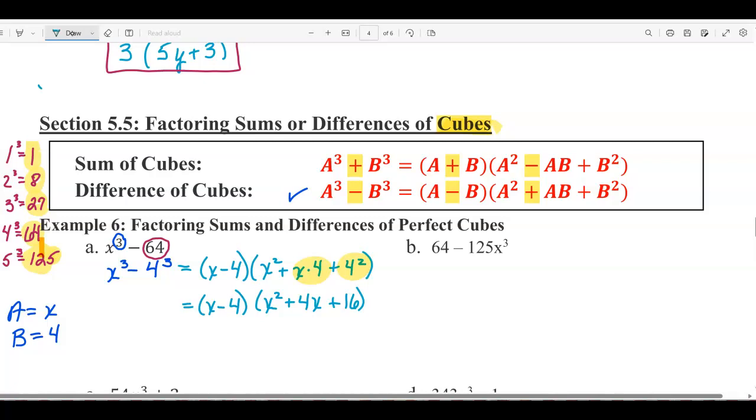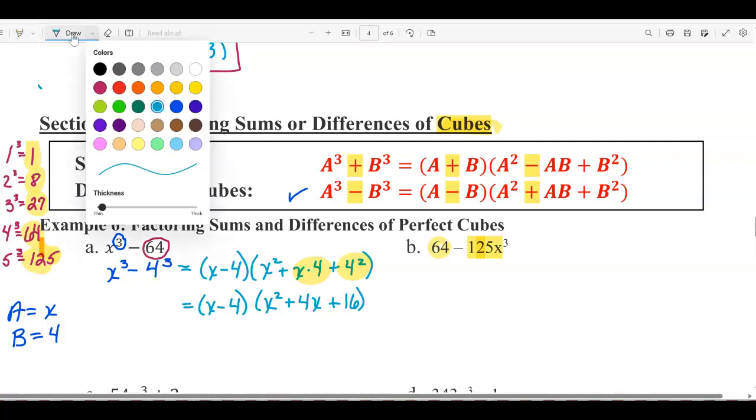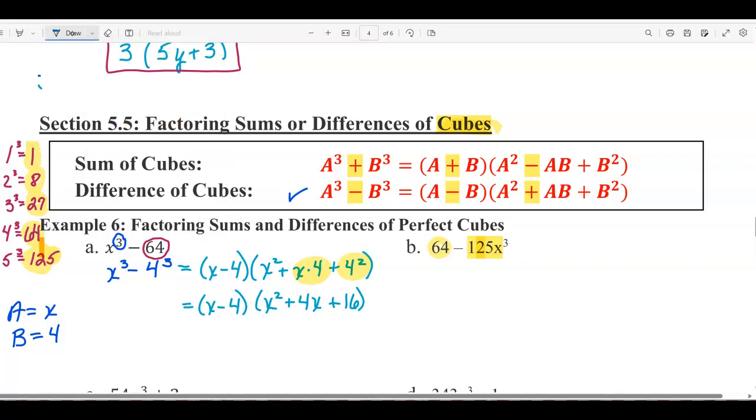Okay, let's go on to the next problem. We see that 64 shows up again. It's in the first position this time, and I see a 125, and I also see an x. So again, it may be helpful to rewrite the problem so it's clear how the cubes can be perceived. So 64 is 4 cubed, and 125 is 5 cubed, and then I also had an x cubed.